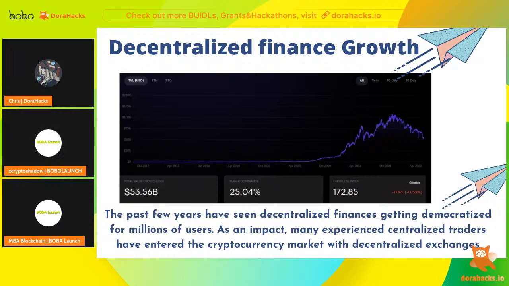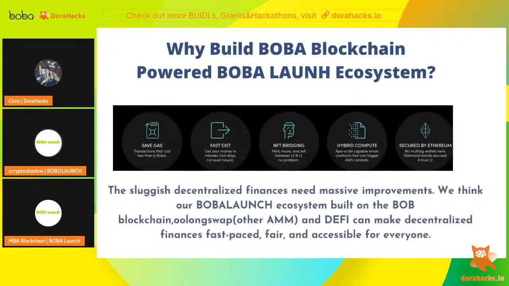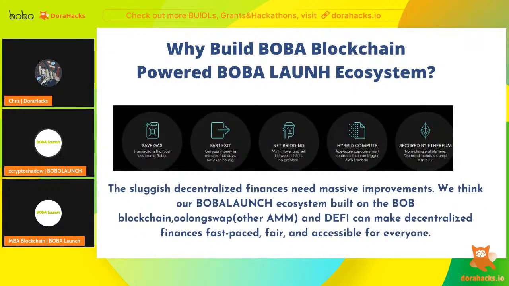So why did we choose the Boba blockchain to launch on the Boba ecosystem? We chose it because it saves gas, since the transaction fee is really low, and it is fast, and it also provides some built-in functionality.